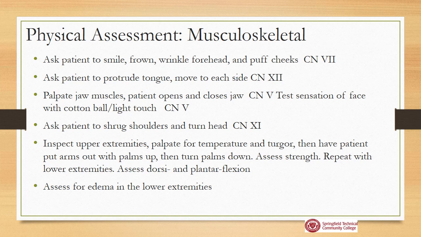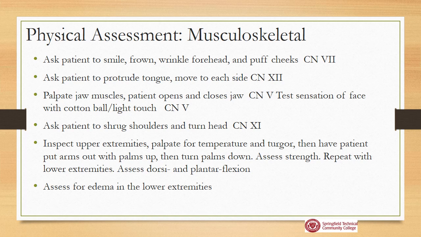I usually check my pedal and my ankle pulses, the posterior tibialis pulses. So your dorsalis pedis pulse is the top of the foot, and your posterior tibialis is right behind that medial malleolus, that ankle bone on the inside.